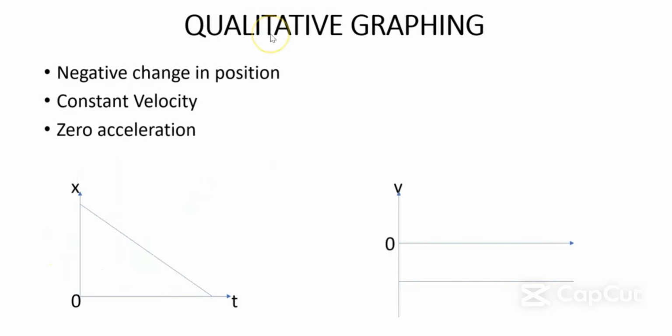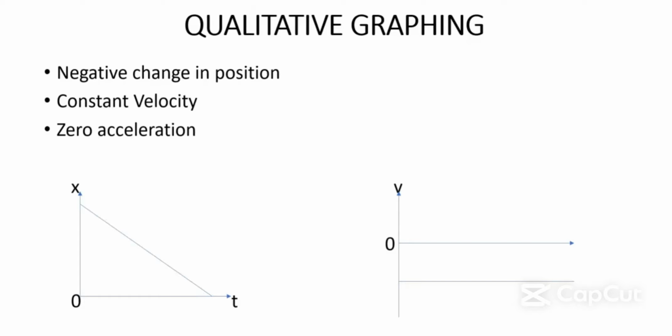And in this line, it's still a change in position. However, the position is changing negatively. So either of the following two graphs represents an object moving at a constant velocity in the negative direction.